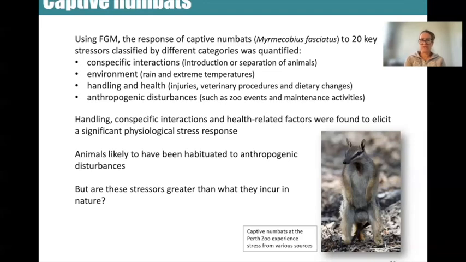But something that wasn't covered in this study was how these stresses compare to what individuals would incur in their natural environment. So there wasn't really any assessment of whether captive numbats were more stressed than wild numbats generally.